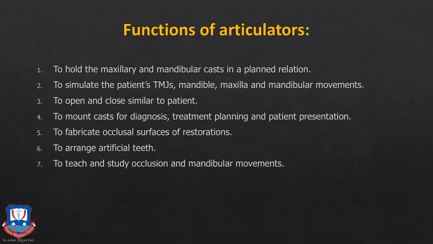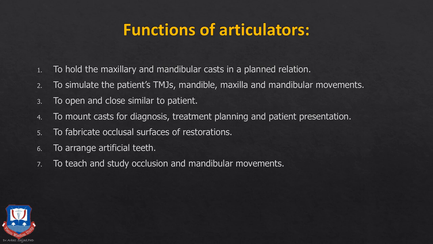Coming to the functions of articulators. As I said, the primary function of the articulator is to hold the maxillomandibular casts in the planned position as it is in the patient's mouth. It should also simulate the patient's TMJ, the mandible, the maxilla, and the various mandibular movements to a certain extent. It should open and close similar to the patient, that is, in a hinge movement.